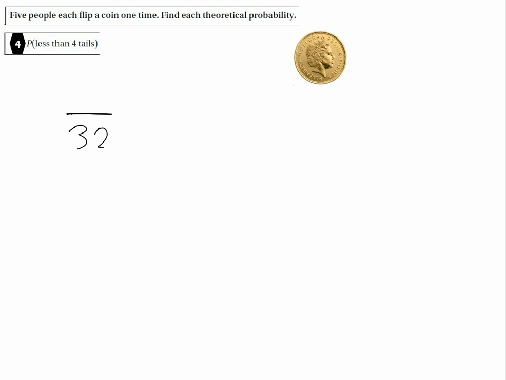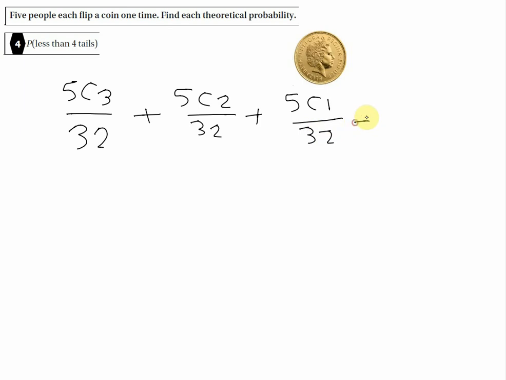Less than 4 tails means 3 tails, which is 5C3, plus getting 2 tails, 5C2 over 32, plus getting 1 tail, 5C1 over 32, plus getting no tails, 5C0 over 32.